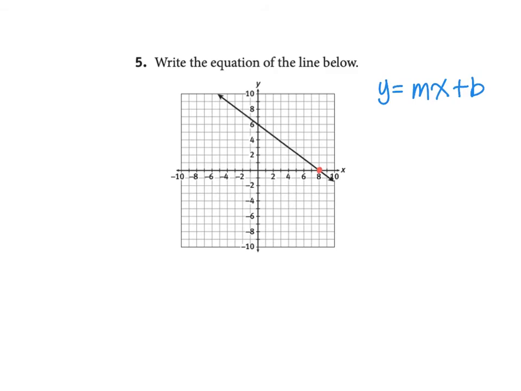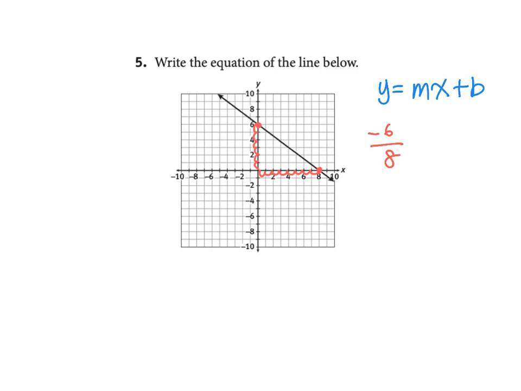We compare those two points. You can use the slope formula, or we can just count it. How can we count it? It's going down 1, 2, 3, 4, 5, 6, right? So that will be -6 over going right 1, 2, 3, 4, 5, 6, 7, 8, right?